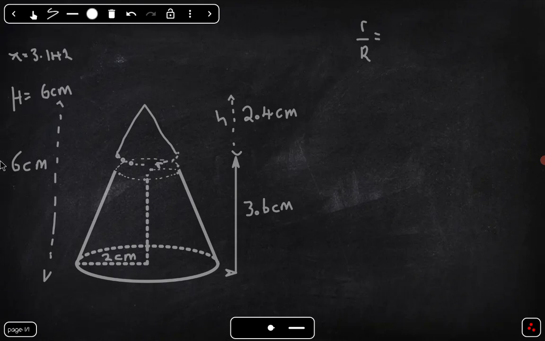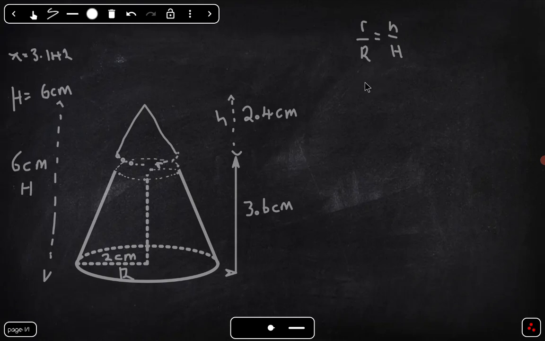Now this is the smaller height, and the bigger height is already this. So you say smaller height over bigger height. This is the formula that you use. The small letters stand for the radius of the smaller cone, and capital R is the radius of the bigger cone. The height of the full cone before it was cut is capital H. The height of the smaller cone that was cut is 2.4 centimeters.